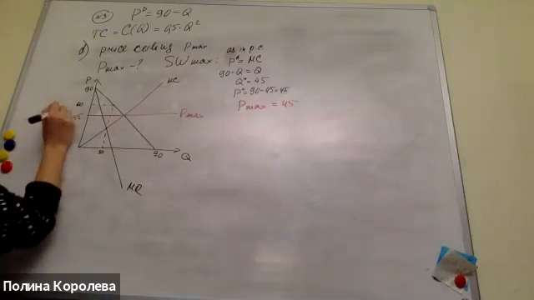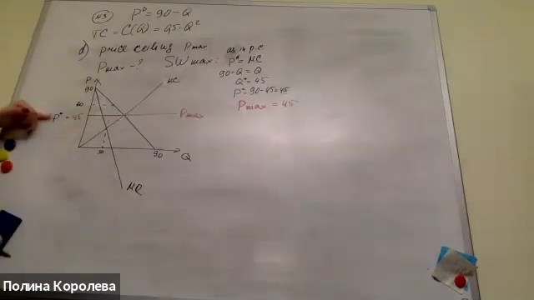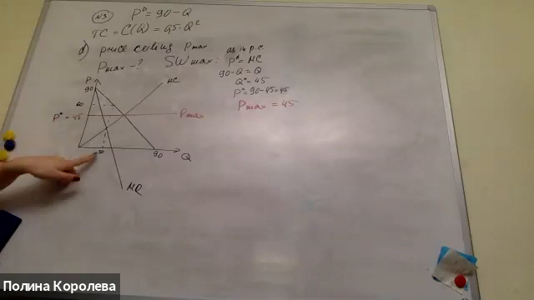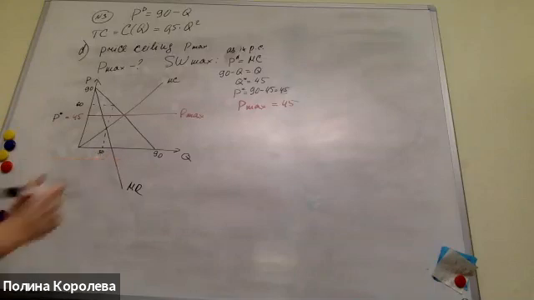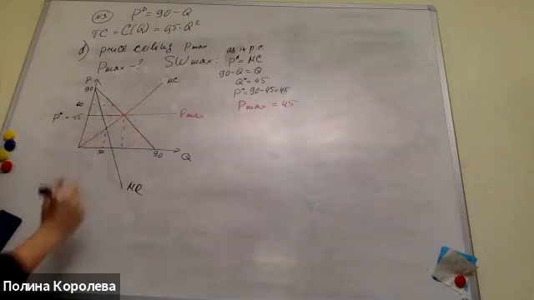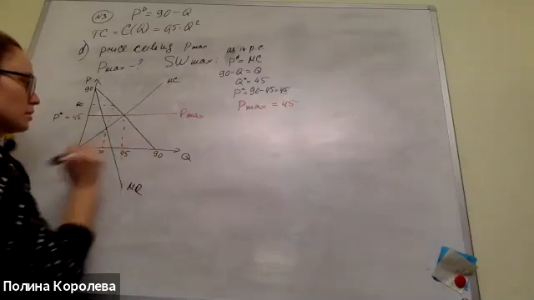So this will be the new price, 45, after such government intervention. And at this price, it's not profitable for him to sell 30. He will sell more. He will sell 45 as in a perfectly competitive market.